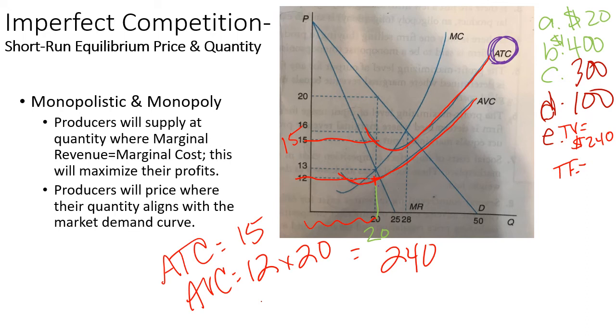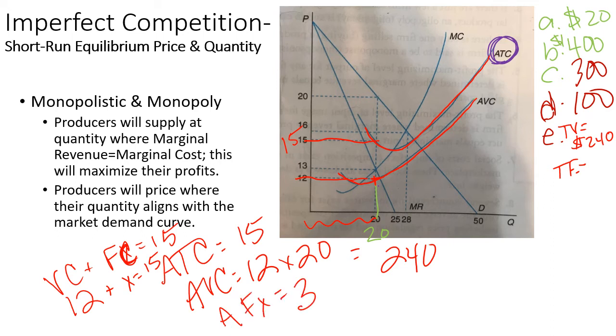So we know that variable cost plus fixed cost equals 15. So 12 plus X equals 15, and that's a difference of 3. So our average fixed cost is 3, times our 20 units. So our total fixed cost is $60, which makes sense because our total costs are $300.